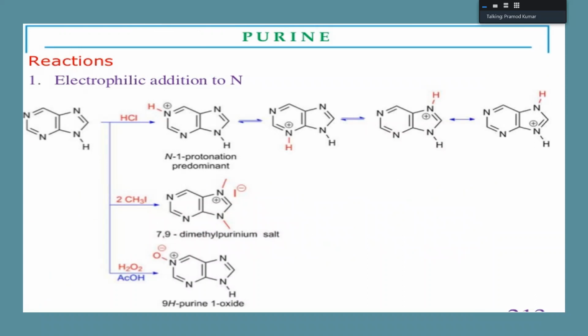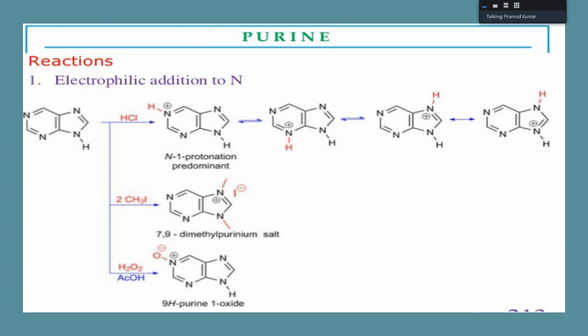Reactions, yeah, it undergoes electrophilic addition reaction at the first position, third position, 7th and 9th. Alkylation at 8th and 7th and 9th. Remember, very important. Oxidation with peracid, you get N-oxide, the 1-oxide. So oxidation takes place at the first nitrogen.